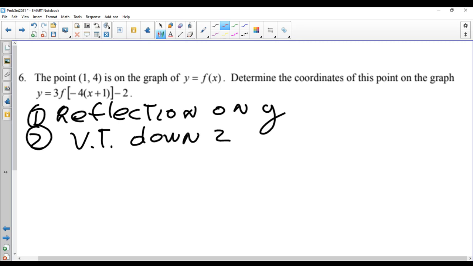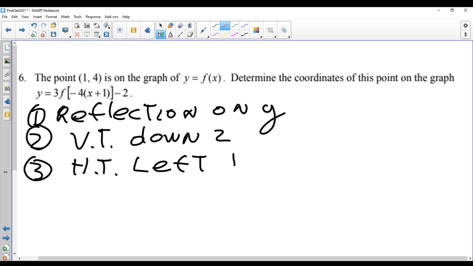Good. There's more stuff going on. Shreyash, go. HT left 1. Yep. Okay, there's more. Go ahead, Aaron. HC, horizontal compression by a factor of 1/4.